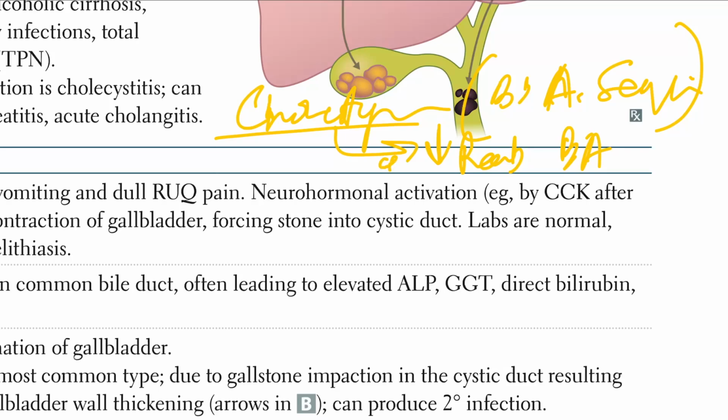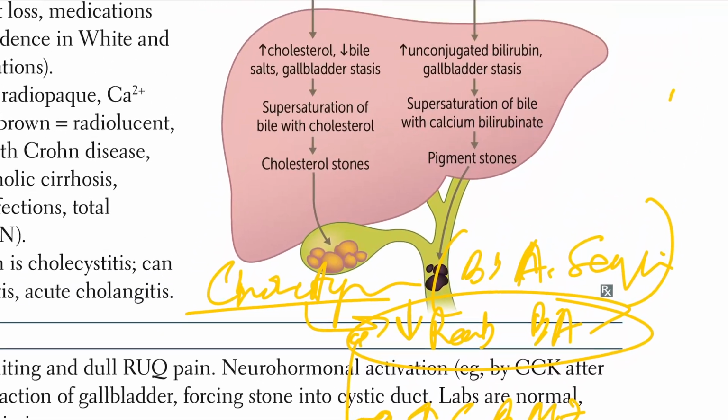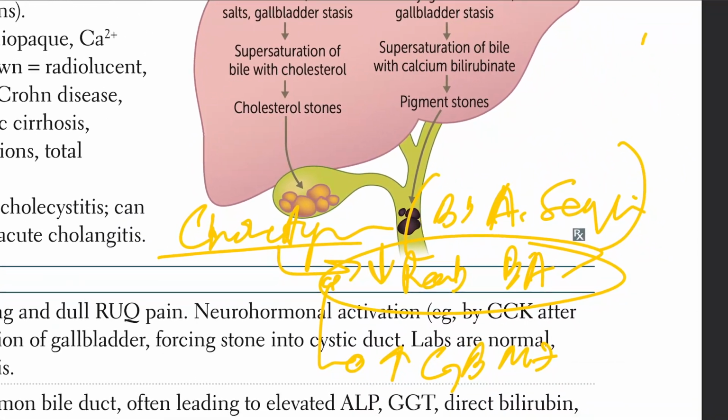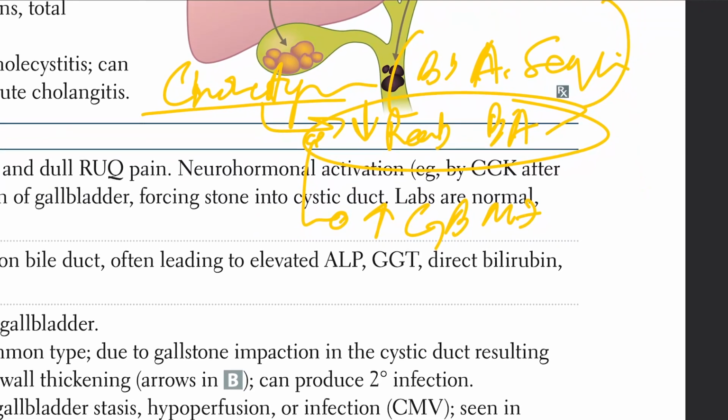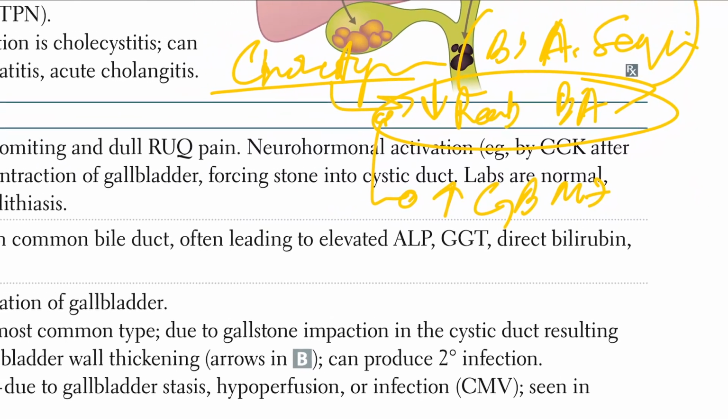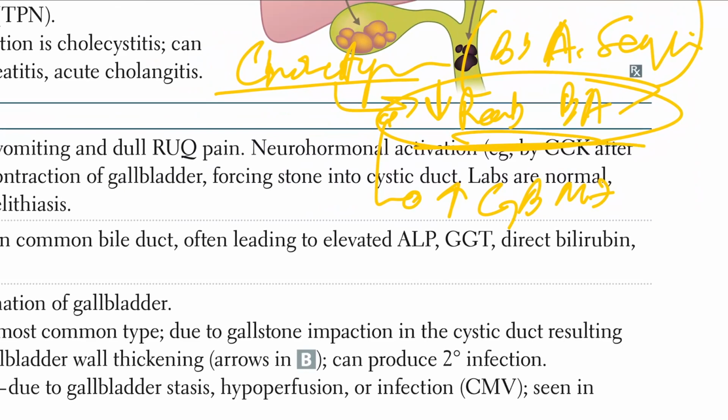That's the one thing. But the second thing you're causing is an increase in GB motility, which causes bile acid to be secreted out, and you're decreasing the absorption. So that's the mechanism of cholestyramine, and that's how it helps, by decreasing the bile acid reabsorption.